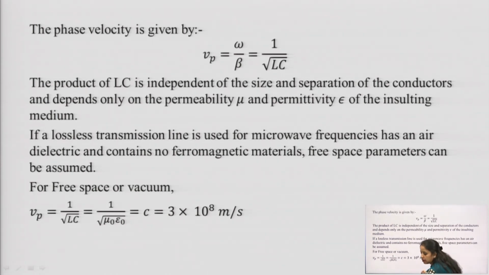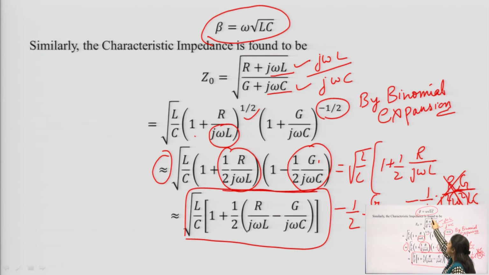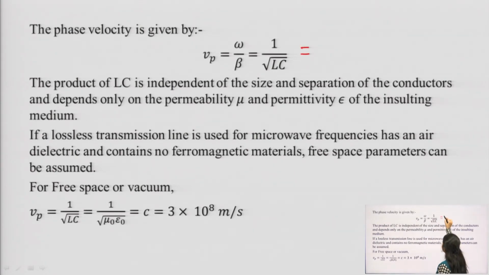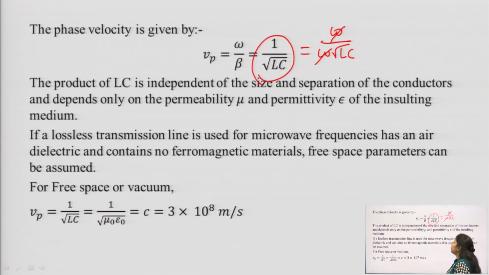We have already seen here that beta is equal to omega into under root L C. So, omega upon omega under root L C, we are left with the phase velocity equal to 1 upon under root L C. So, from this expression, the product of L C is independent of the size and the separation of the conductors and depends upon only two values, that is permeability, given by mu, and the permittivity, given by epsilon, of the insulating material.